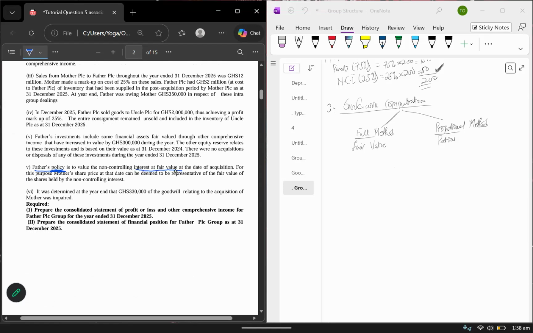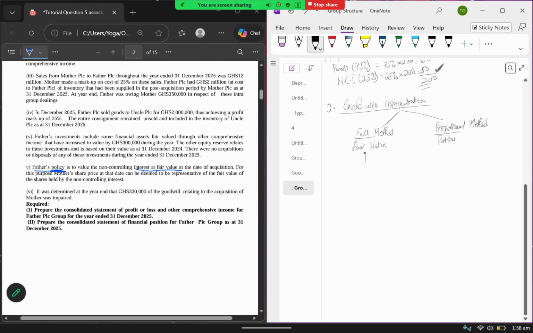Okay. So when the question tells you that the parent's policy is to value non-controlling interest at fair value, it means you're going to use the full method. When a question tells you that the policy is to value non-controlling interest at the proportional method or proportional value, it means you're going to use the partial method.